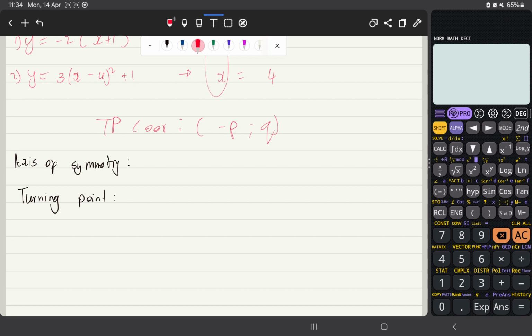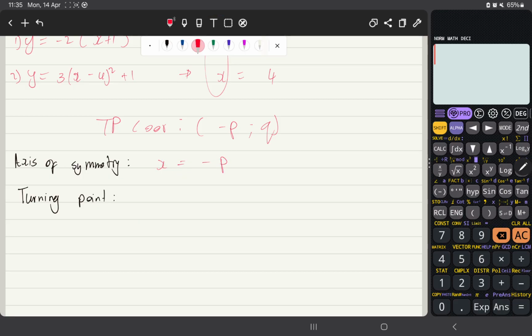And then axis of symmetry, the equation is x equals minus... I was going to say minus x, but this is so wrong. Let's write it properly. To write it properly, we're going to say x equals minus p.